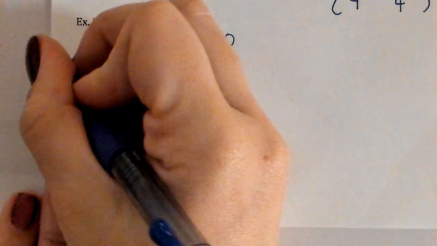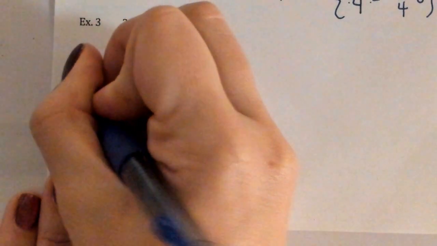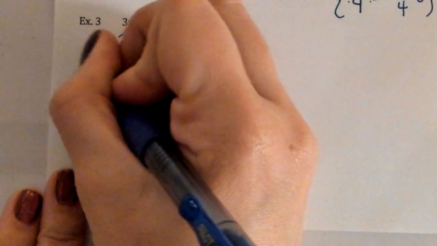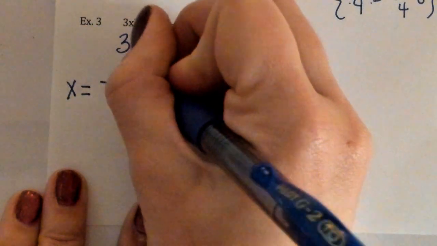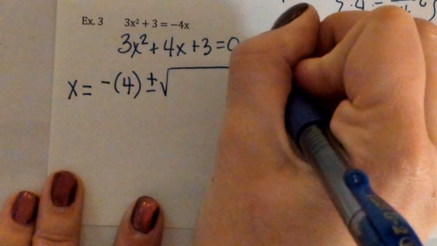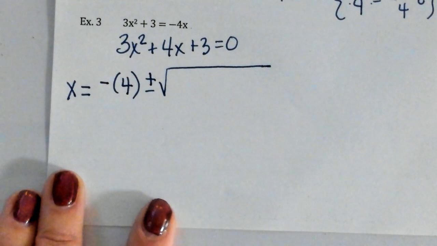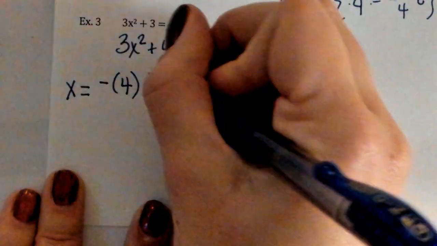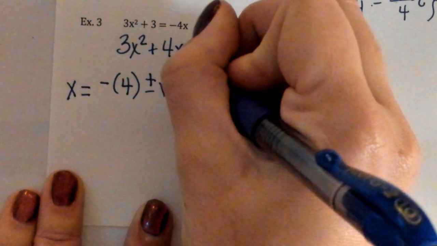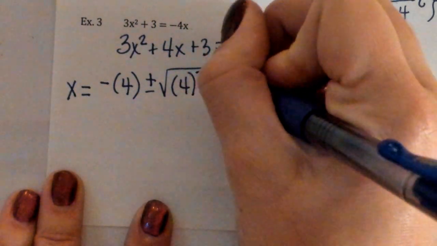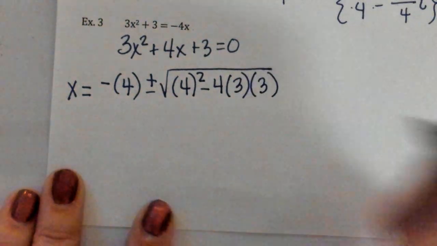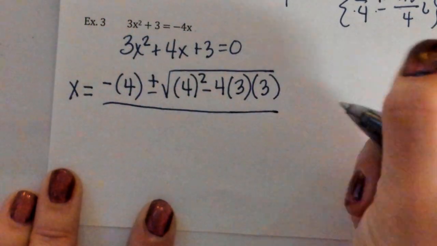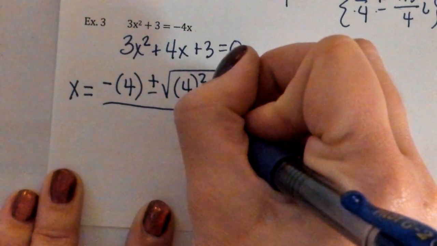Gotta make sure we're looking in standard form. All right, so quadratic formula. x equals opposite b, so negative 4, plus or minus the square root of b squared minus 4 times 3 times 3, all over 2 times 3.